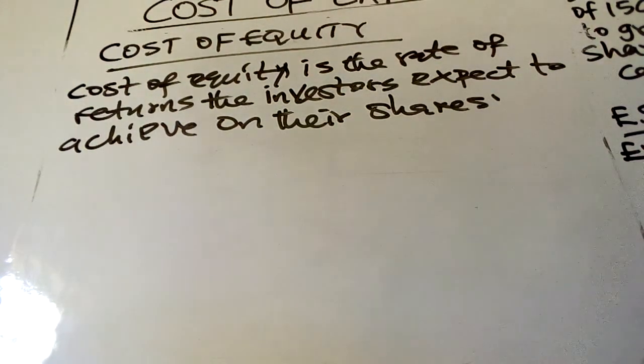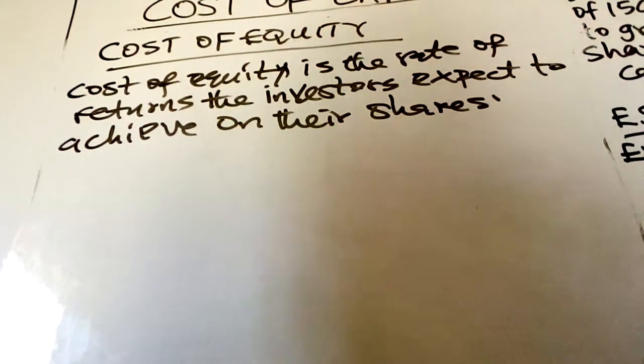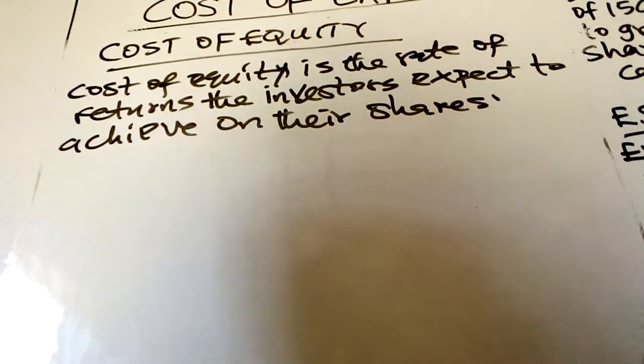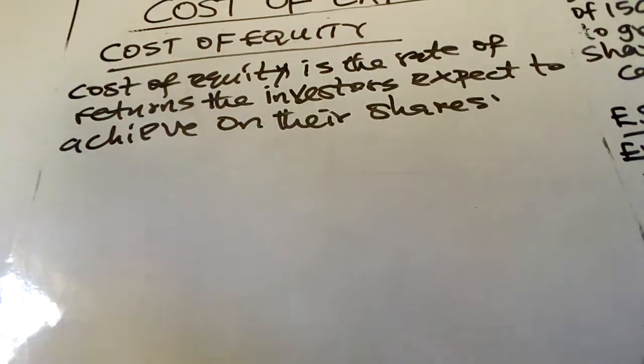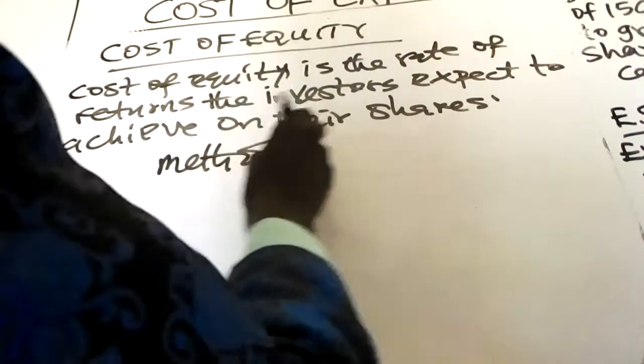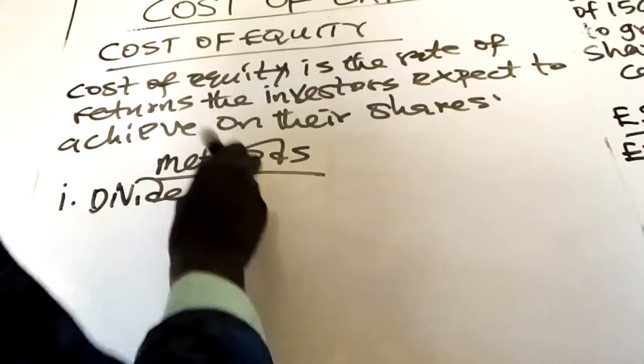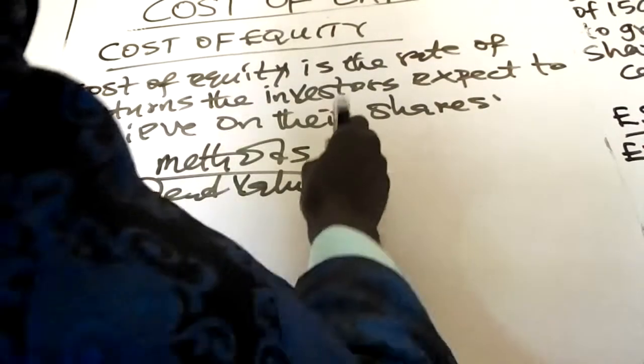There are three methods of estimating or calculating the cost of equity. Number one is dividend valuation model.